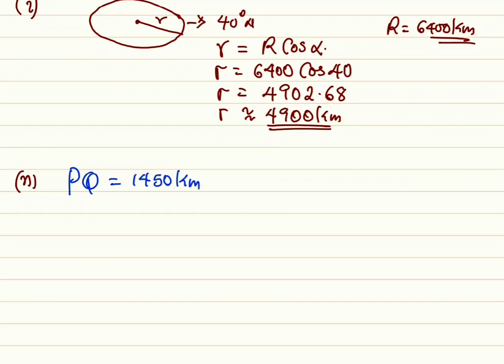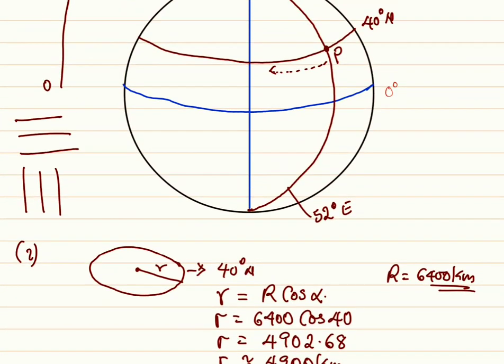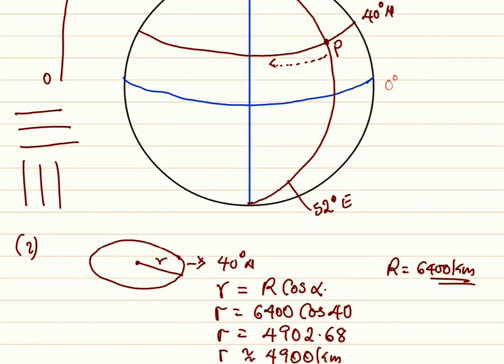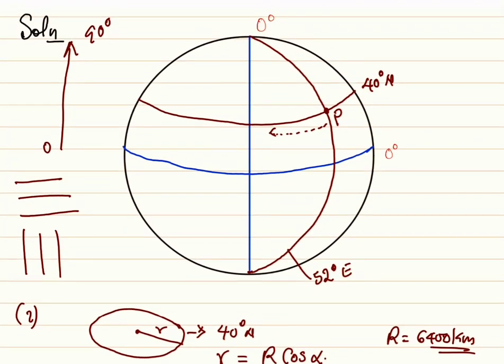Now, one of the things you must ask yourself in solving this question is: PQ, along what? PQ is along latitude 40 degrees north, and latitude 40 degrees north is a parallel of latitude. What do I mean by parallel of latitude? They do not divide the earth into two equal parts.